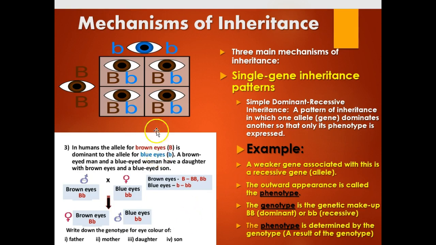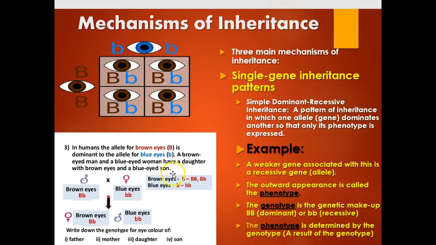Now, let's look at this Punnett square. If you remember from high school biology, the dominant trait here for brown eyes is uppercase B. The recessive trait for blue eyes is lowercase b.